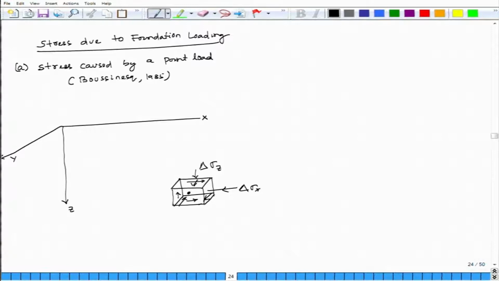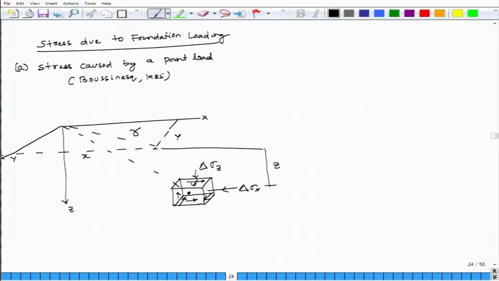Then if I consider the distance from this point to this point, this will be x and this part will be your y, and this is your x, and this distance from here to here is your r, and from the ground surface to the middle, this will be your z.